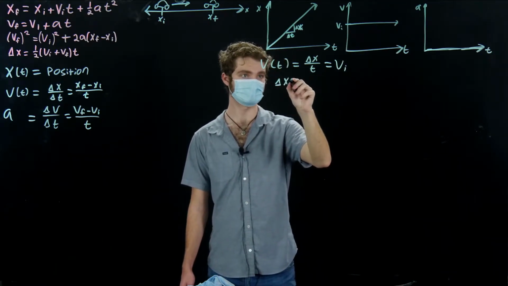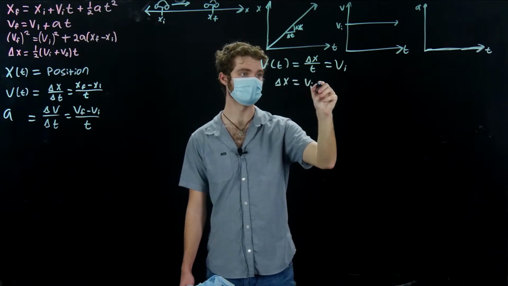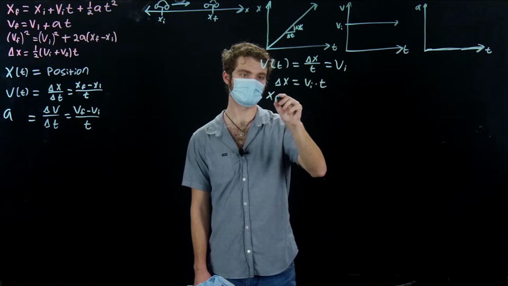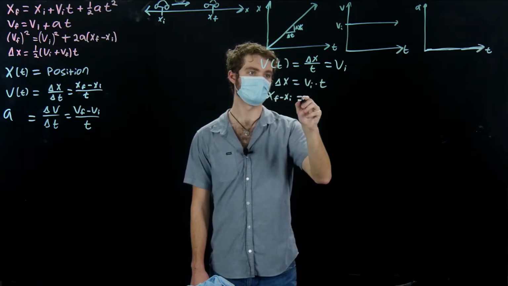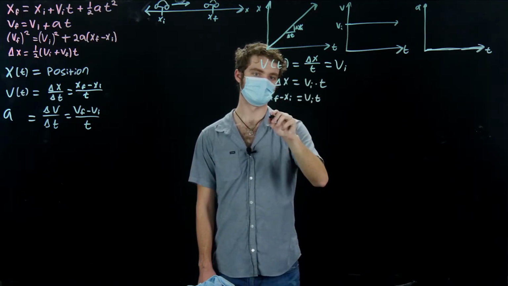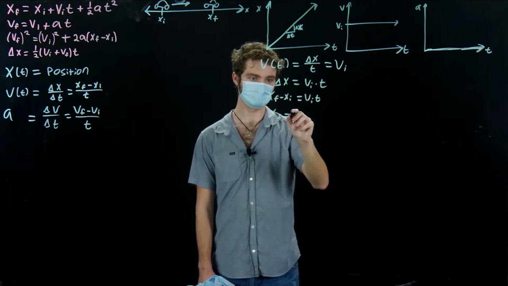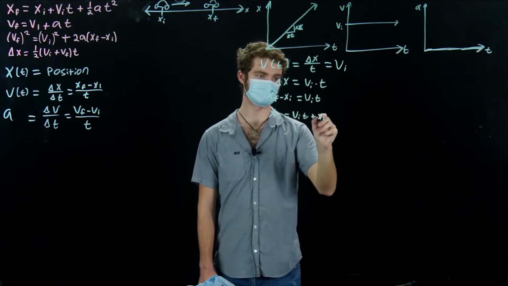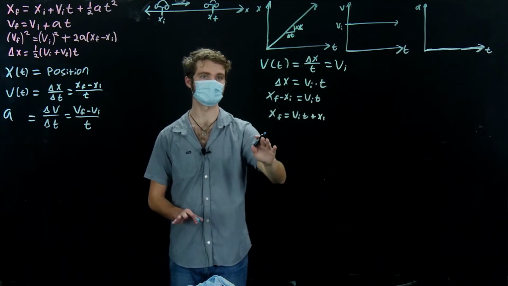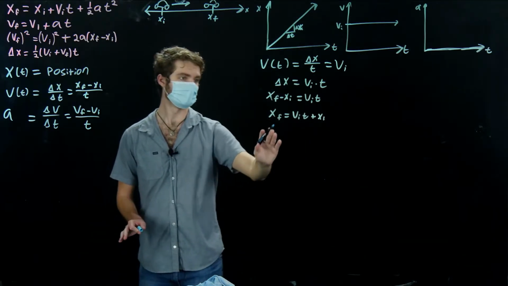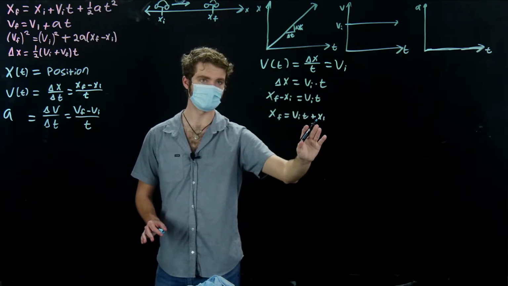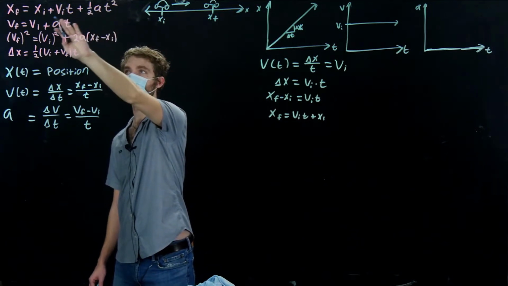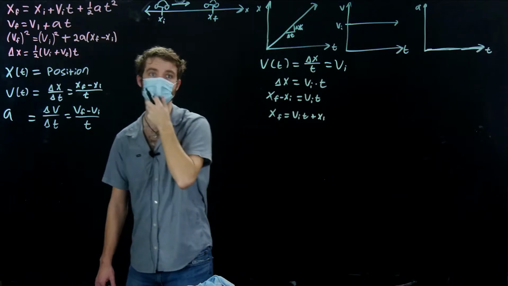We have delta x equals v initial times t. And delta x, as we defined over here, is x final minus x initial equals v initial t. So x final equals v initial times t plus x initial. That's our equation right here when a is 0. So x final equals x initial plus v initial t.